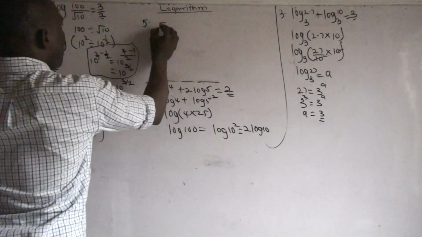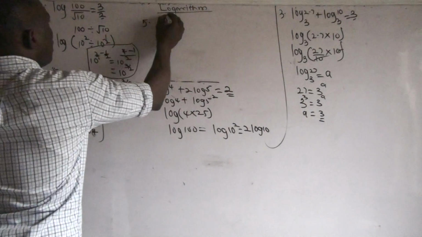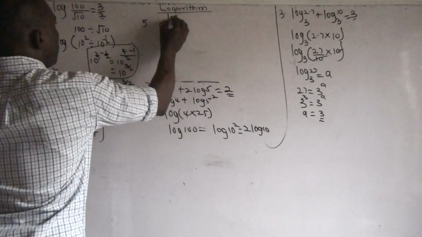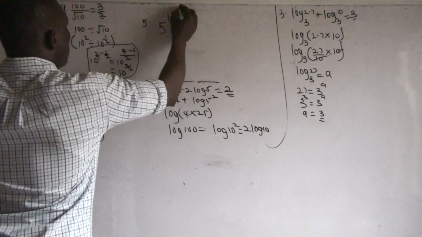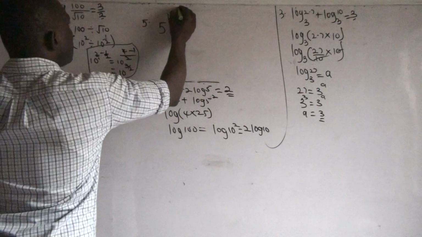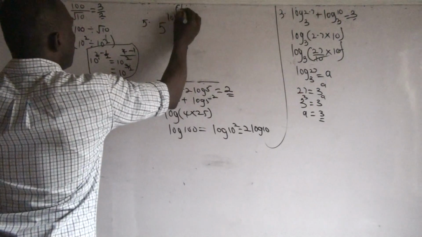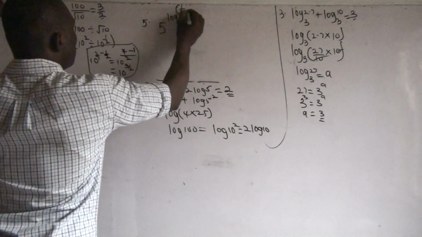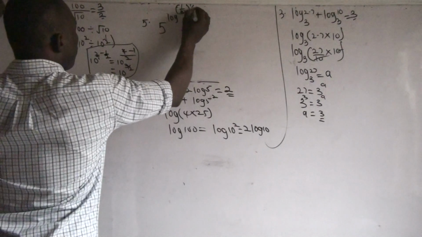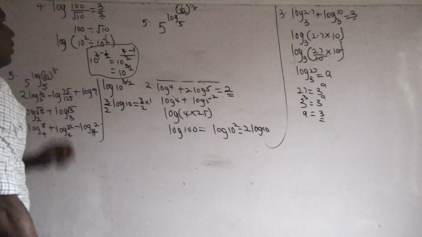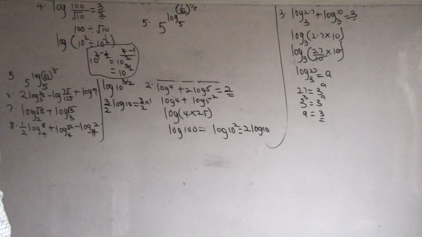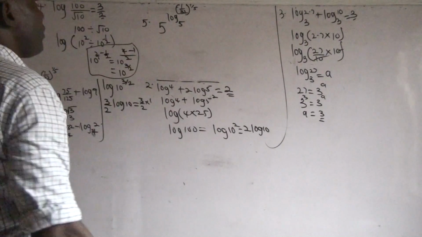It is 5 raised to the power of log open bracket 1 over 32 raised to the power of 1 over 5, log, the base is 5. Base 5.